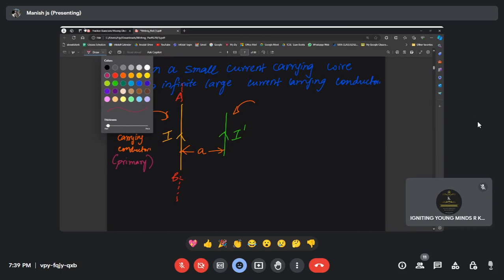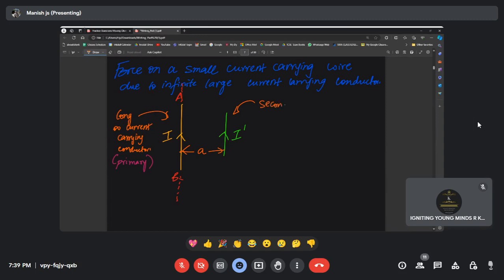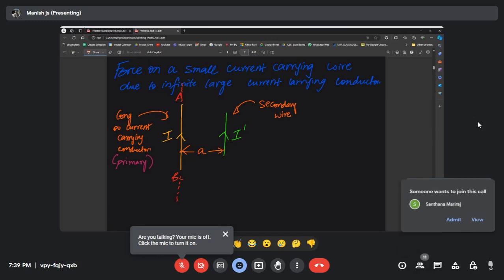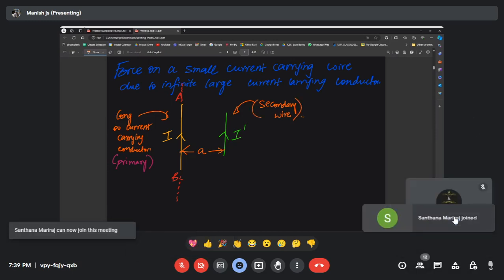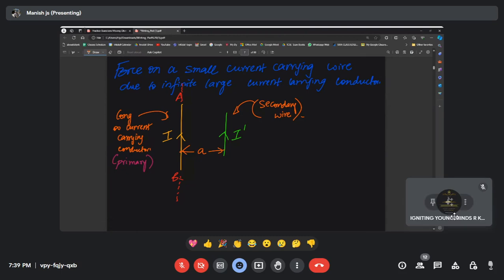The second wire which is present, we will call secondary. This secondary wire carries a current of I dash and is present at a distance of a. What is the force on the small current carrying conductor is what we wish to find out.